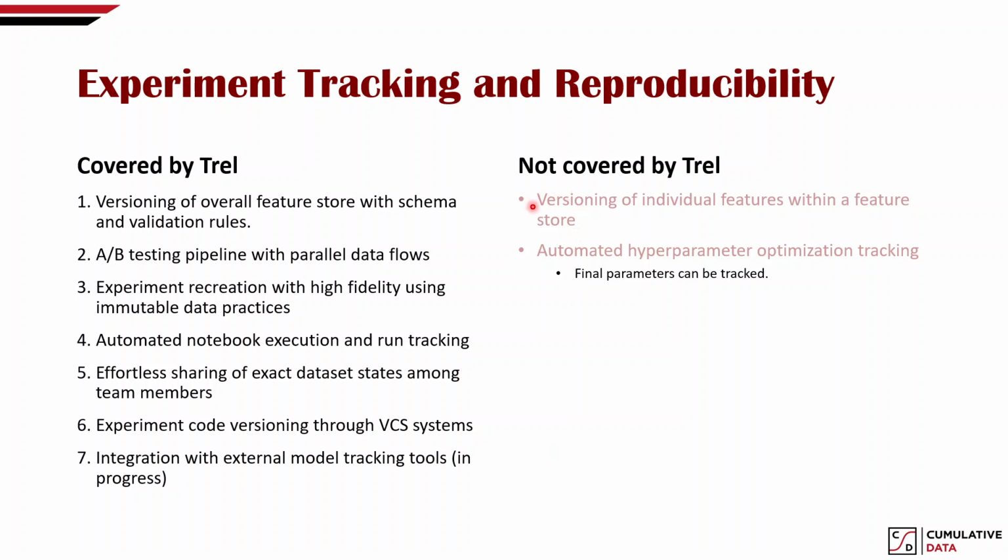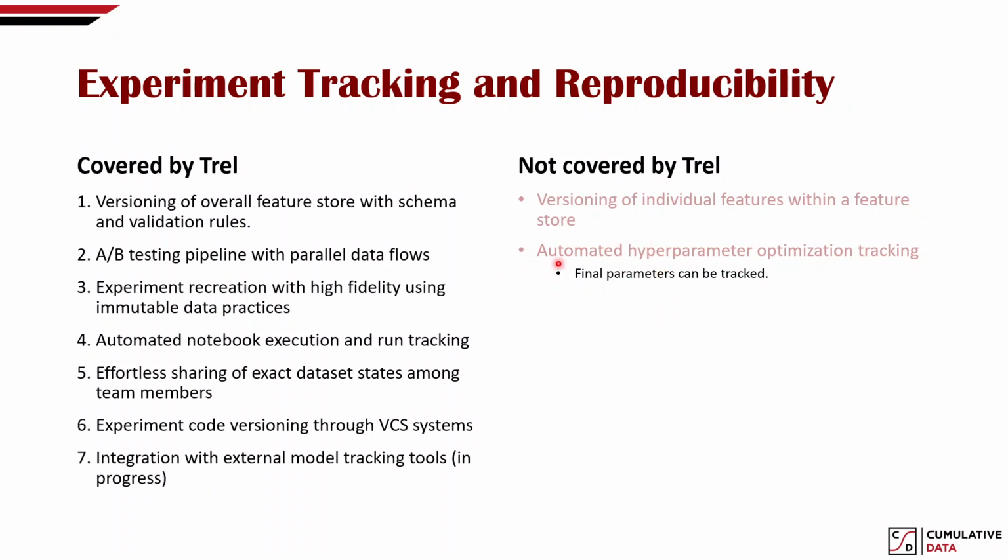So some of the functionalities that is not covered within Trel is versioning of individual features versus the feature store as a whole. Another one is the automated hyperparameter optimization tracking, though we can track the final parameters.